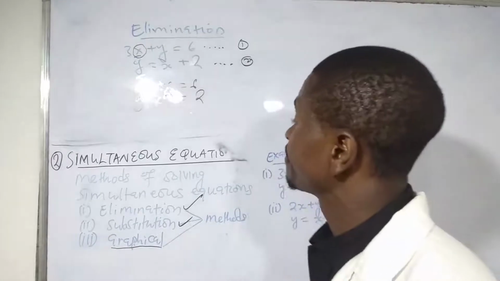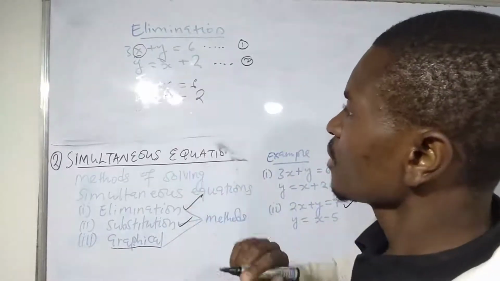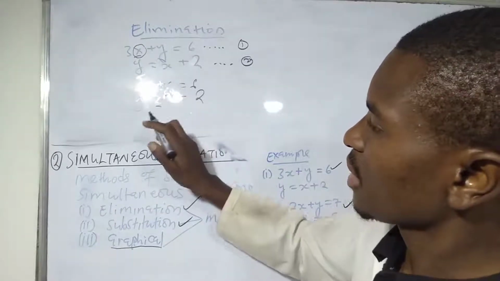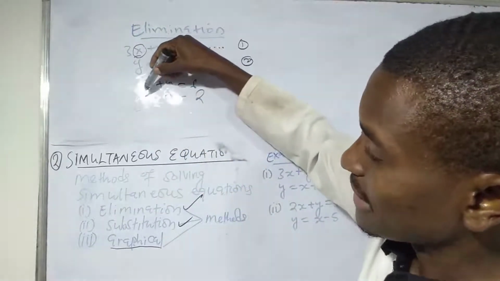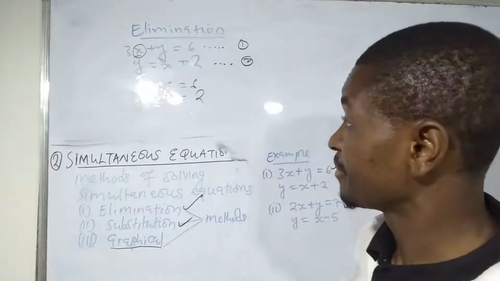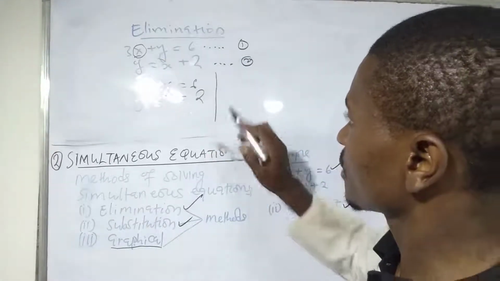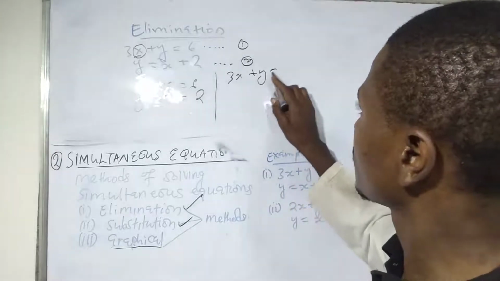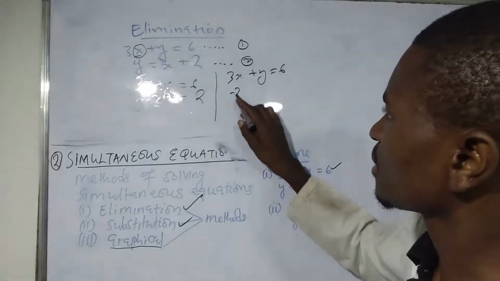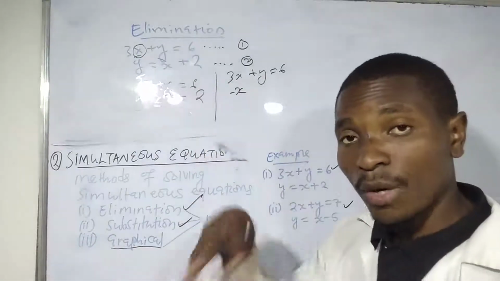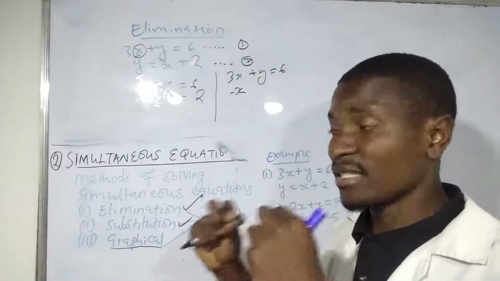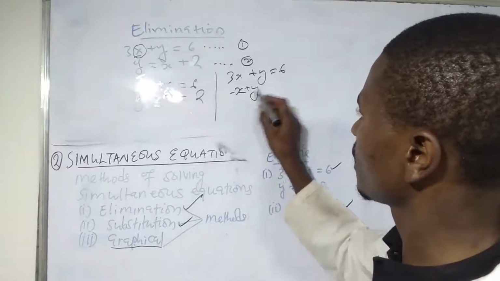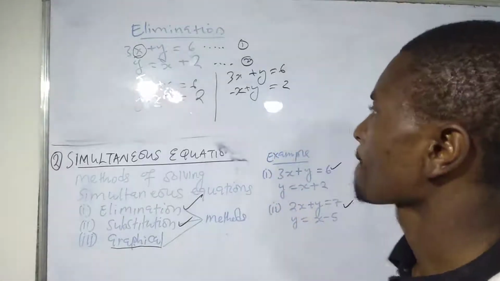So now we can again ensure that this x is what is starting in this equation. So again, this is going to be 3x plus y equals to 6. Then negative x, you just swap them, but that does not mean they have crossed the equal sign. Then plus y equals to 2.